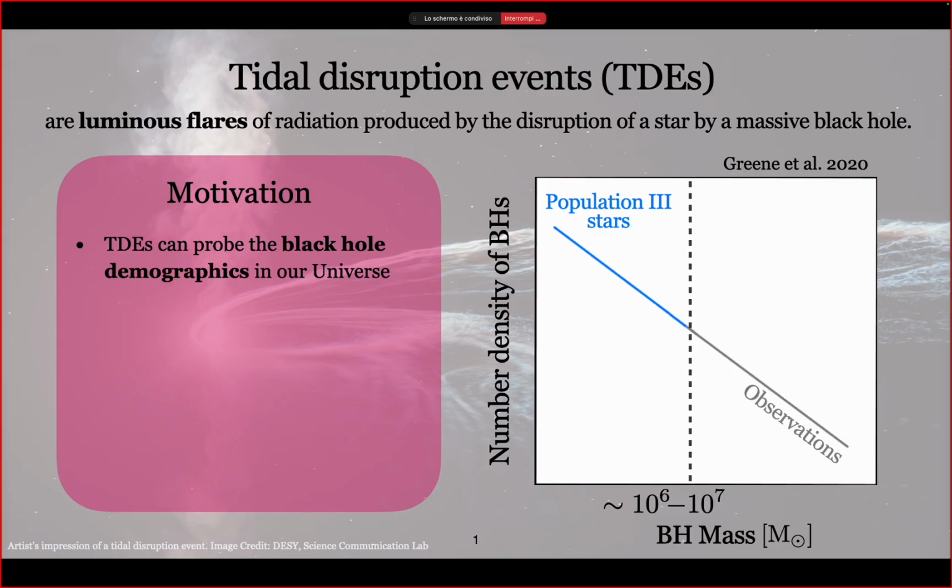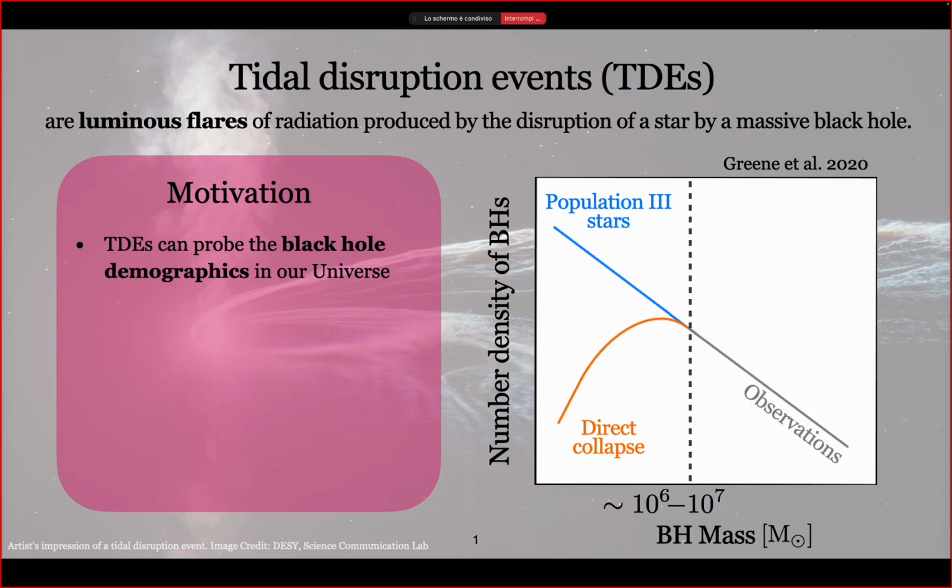But there is another channel, the so-called direct collapse channel, where black hole seeds are formed from the rapid collapse of massive clouds in the early universe. In this case, the black hole seeds are much heavier, and that's why we expect the black hole mass function to drop towards low masses.